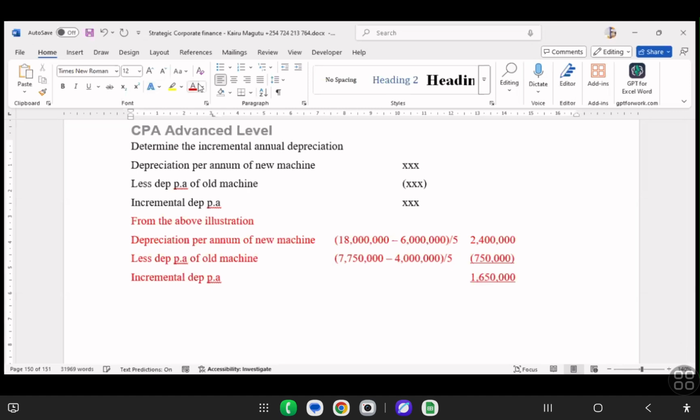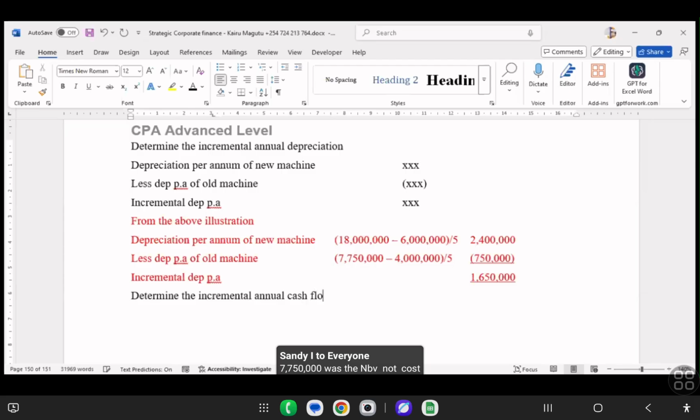Unless someone has a question, we can go to the next step, and the next step is to determine the incremental annual cash flow.